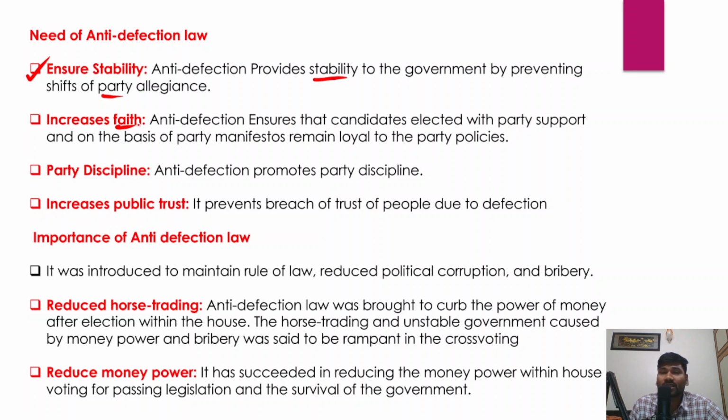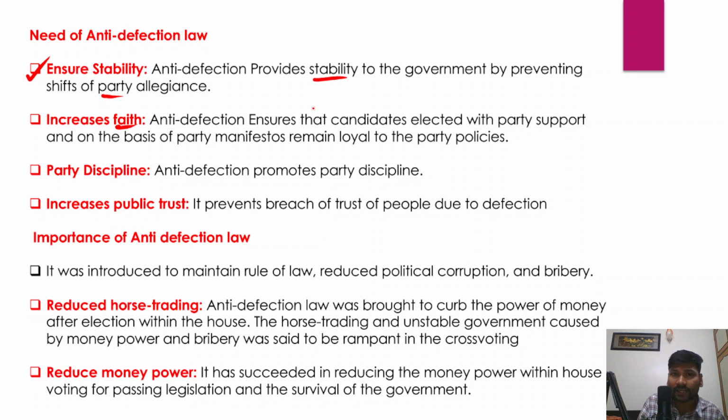This has resulted in declining trust, declining faith and goodwill of people in politics and in democratic values or the democratic ethos. So this anti-defection law would ensure that there will be no defections, and corruption and horse trading are properly checked.